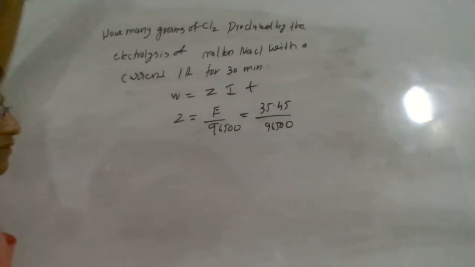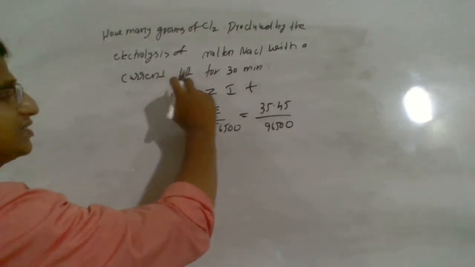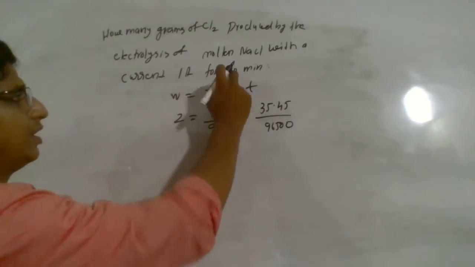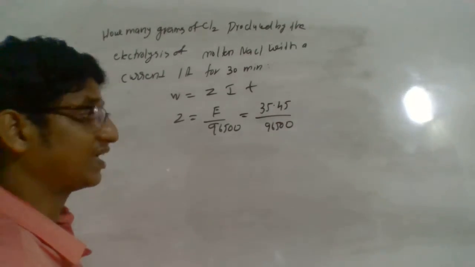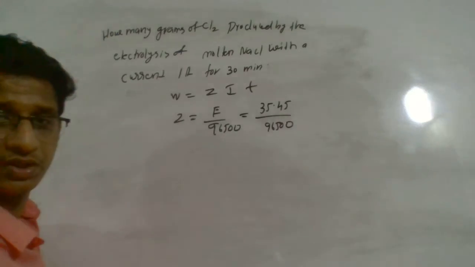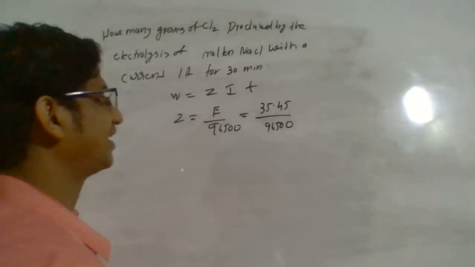If you substitute that value, you will get Z. You have the value of I, which is 1 ampere, and the value of T, which is 30 minutes, which you should convert into seconds.